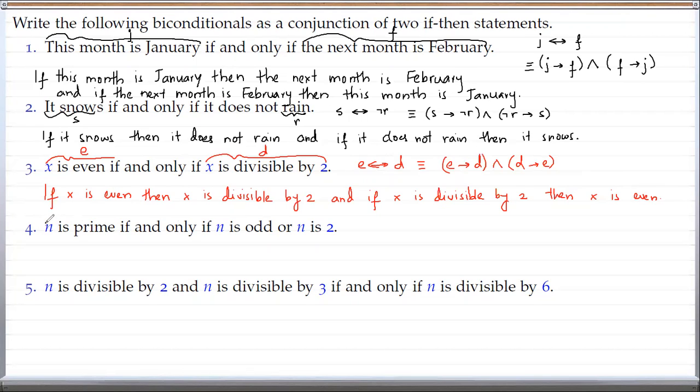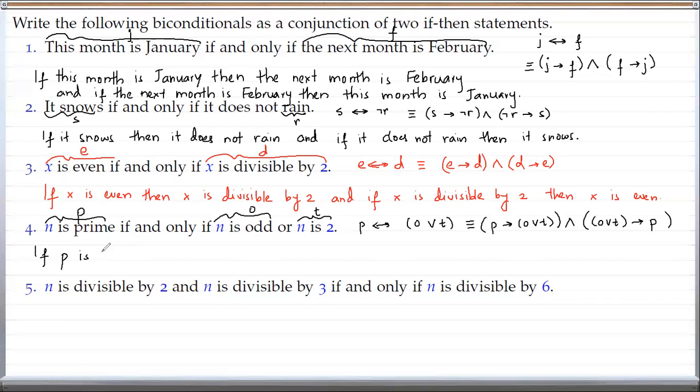Here let's denote the statement that n is prime by P, the statement that n is odd by O, and the statement that n is 2 by T. So here we have P if and only if O or T. This is the same as saying P implies O or T, and O or T implies P. So for the first part, we can say: if n is prime, then O or T, then n is odd or n is 2.